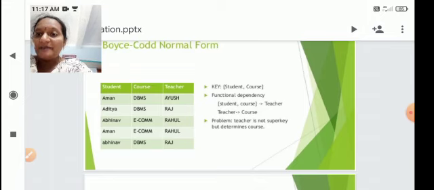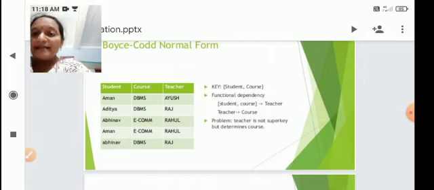We have two keys in this table, student and course. The functional dependency is student, course to teacher. Student and course are key attributes, and teacher depends on student and course. Teacher is not a super key but determines course.